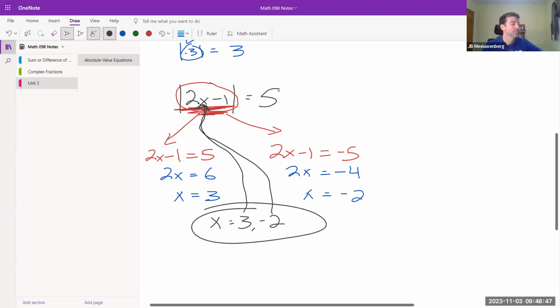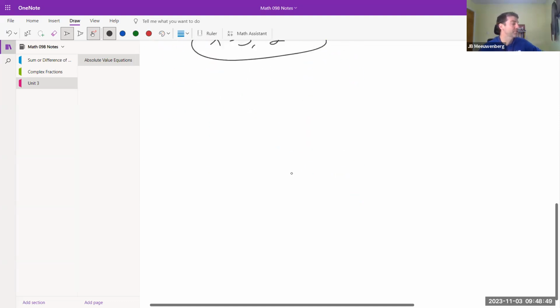There we go. Sometimes when we have an absolute value equation, it has other numbers that might be outside of the absolute value bars. So let's take a look at something like that.